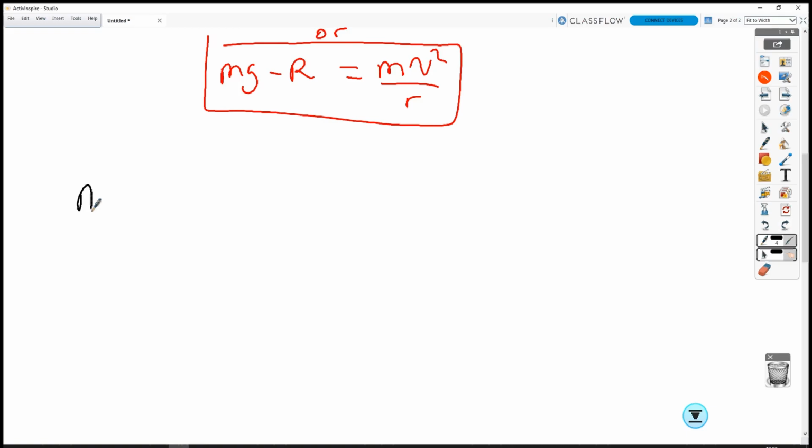So we'll make a note here. As the road curves down, R is less than mg.